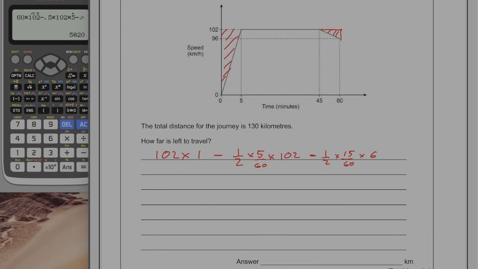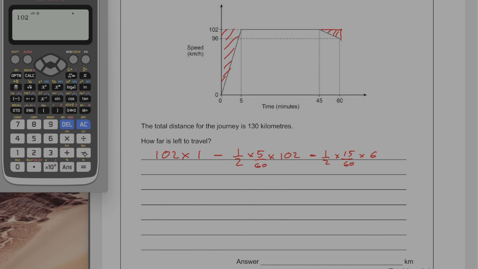Right, so as a calculator, I can pretty much do this, although this will tidy up quite a bit, hopefully. So let's go 102 minus 0.5 times by 5/60 times by 102 minus 0.5 times by a quarter.